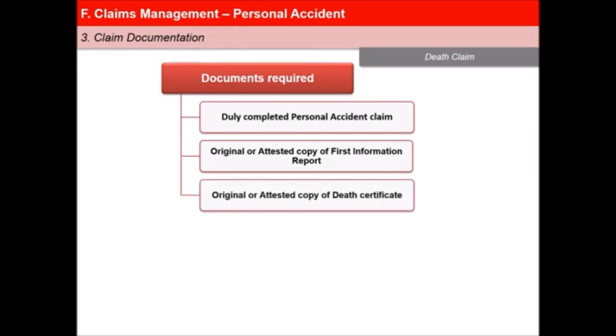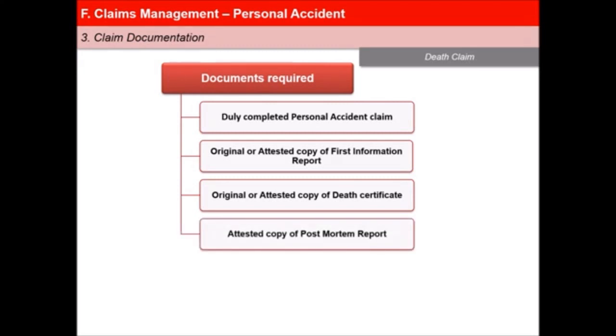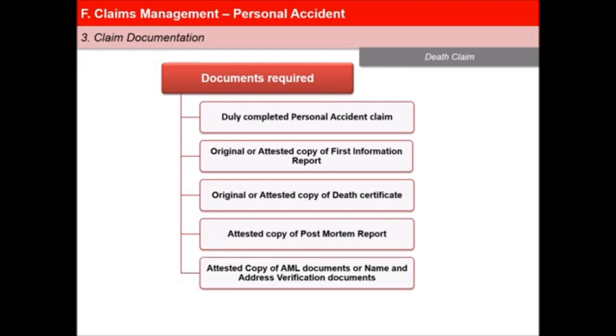Original or attested copy of death certificate. Attested copy of post-mortem report if conducted. Attested copy of anti-money laundering documents and documents for name and address verification. Legal heir certificate containing affidavit and indemnity bond, both duly signed by all legal heirs and notarized.